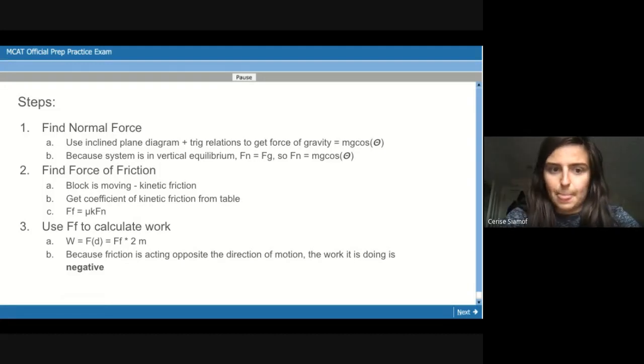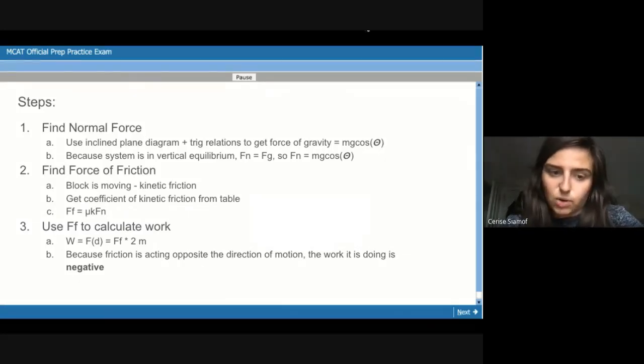Then using the normal force, we can find the force of friction. Since the block is moving, we're working with kinetic friction. So we get the coefficient of kinetic friction from the table, and we use the equation force of friction, sorry, those should have subscripts, is mu k times the normal force. Then we use that to calculate work.